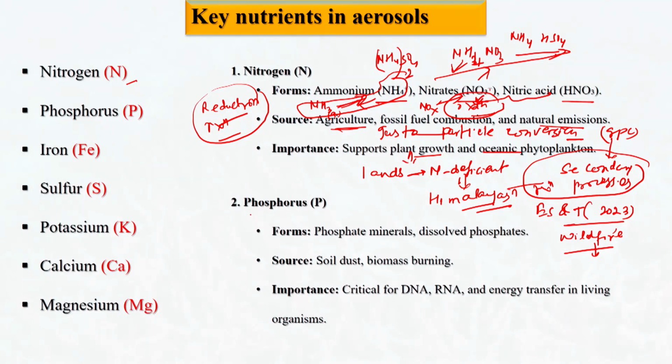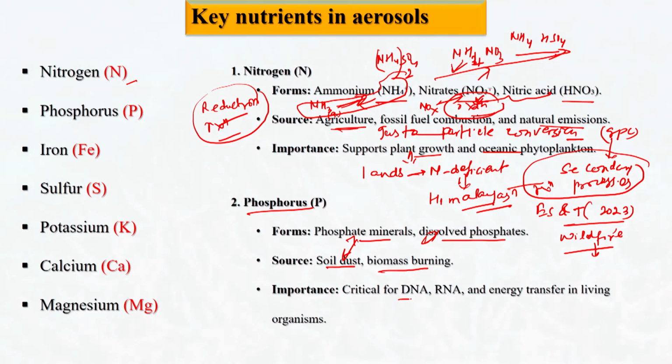So, the second one is phosphorus. Phosphorus is again very important. This is mostly in the form of phosphate minerals or dissolved phosphate, like phosphate ions. Then what are the sources? Sources are either soil dust or biomass burning. They are the major sources, because phosphate is associated with the minerals, so it is associated with the soil, and dissolved form can come from biomass burning, because it already contained oxidative group, so it could be converted into this one.